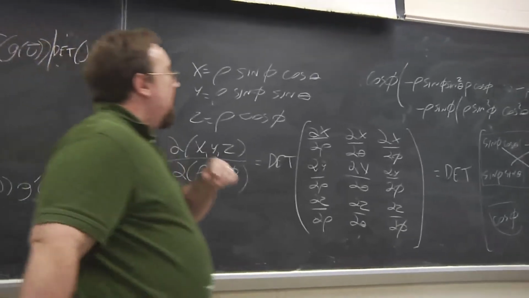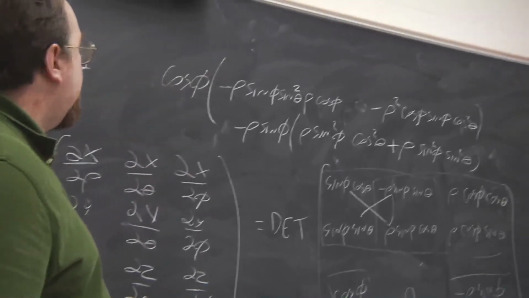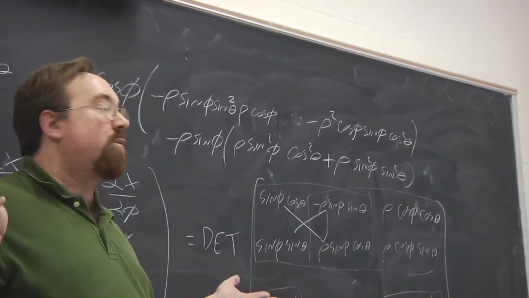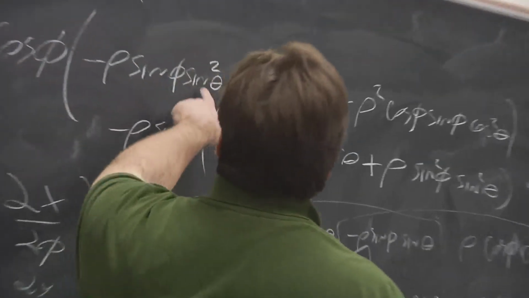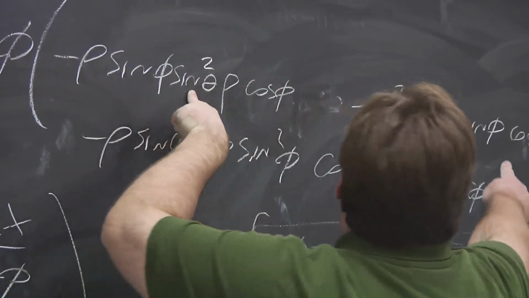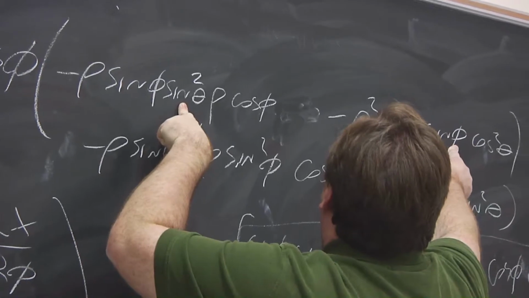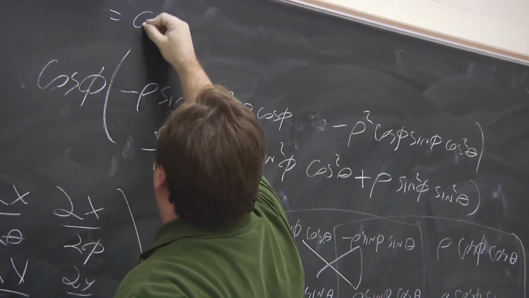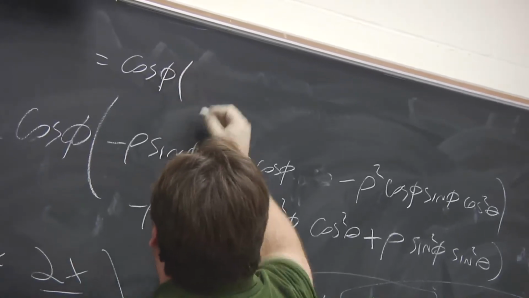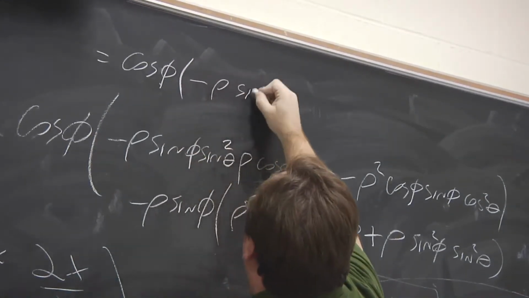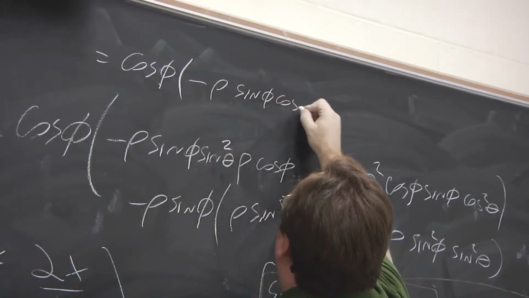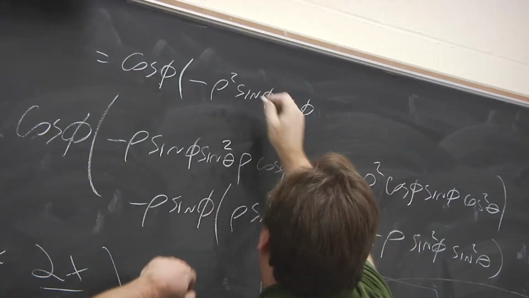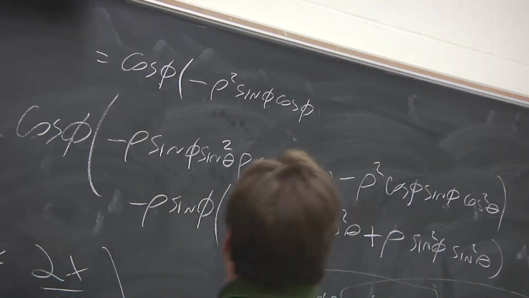Okay. And here we can do a lot of simplifying because we have our old favorite identity, cosine squared plus sine squared is equal to 1. Because here we have sine squared, here we have a cosine squared, and everything else in it is the same. So we're going to get cosine phi, and then minus rho squared sine phi cosine phi. So all of this condenses to that.